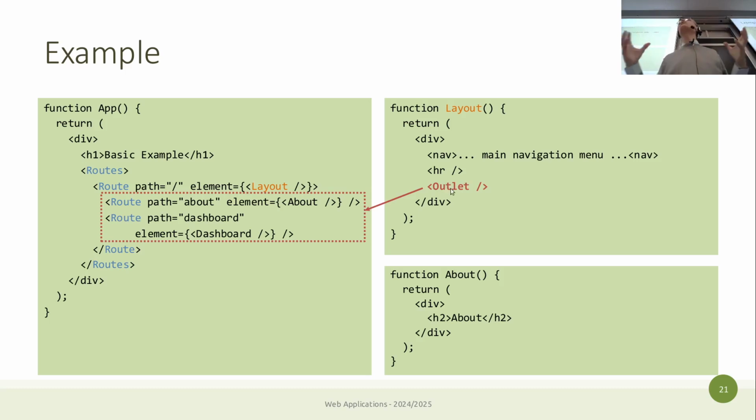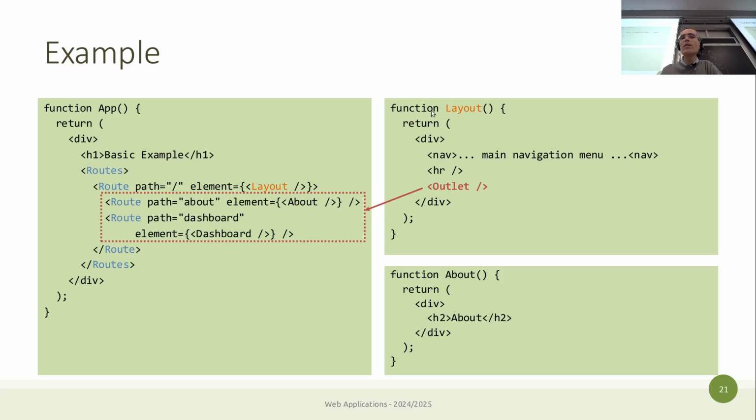Okay, this special component that comes with the React Router, and we can use inside our components that are meant to be the wrapper outside, which are outside the other ones.